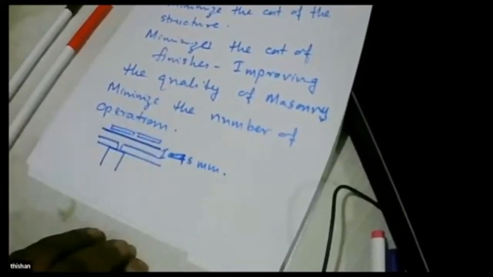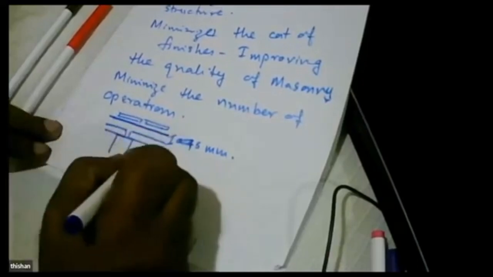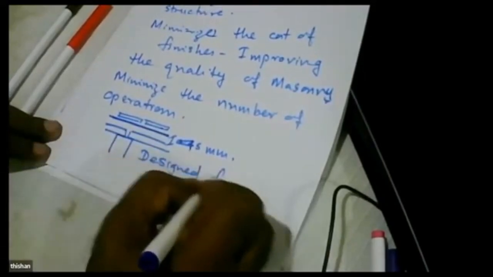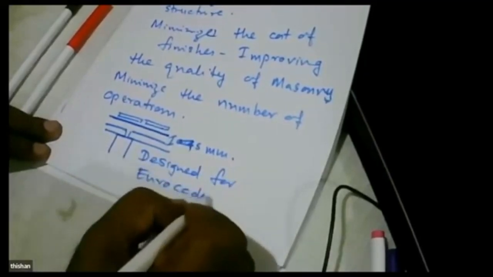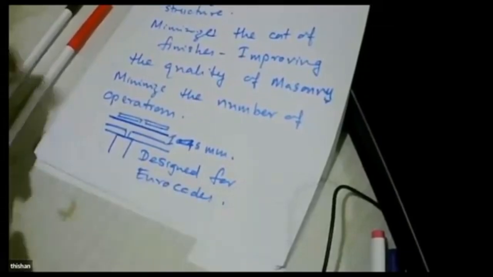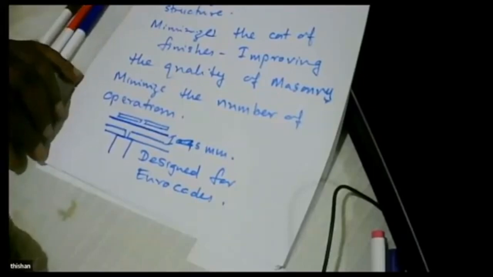So those are all different possibilities of this method. And the other important thing is this can be designed for Europods. Though it was initially developed for British pod, you can design it for Europods as well.